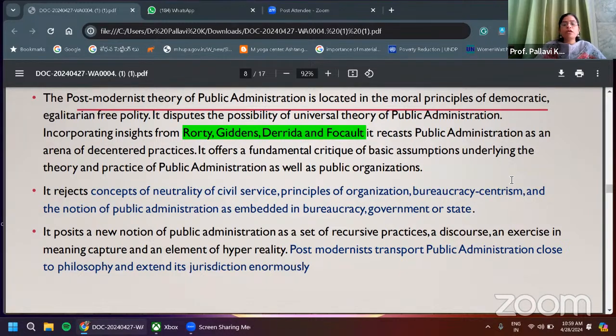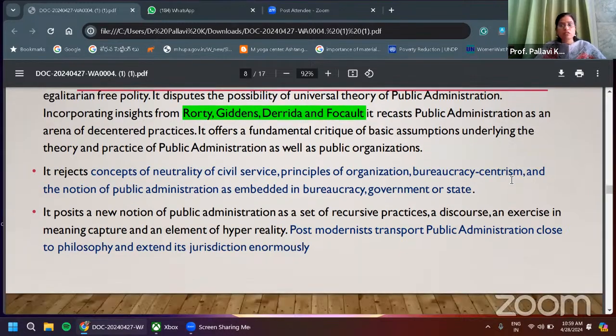All these people have criticized the previous theories. Basically they have rejected the concepts of neutrality of civil services or the principles of organization, which we spoke about in the classical theory, or bureaucracy, which Weber has spoken about, the stable force of any society.